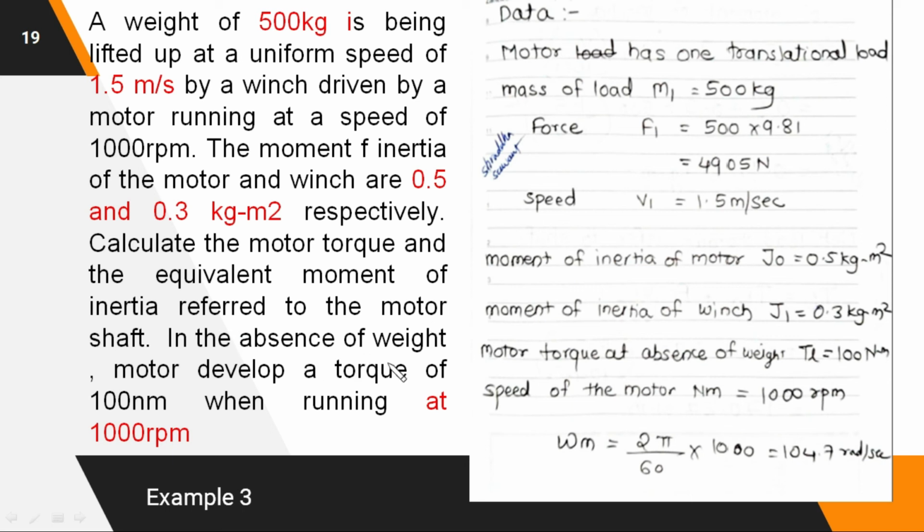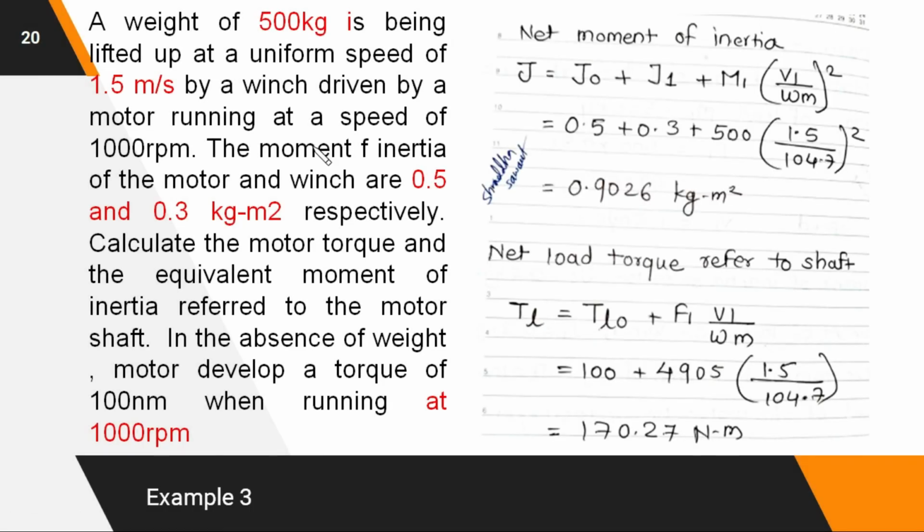In the absence of weight, the motor develops a torque of 100 Newton meter. This is one condition given. That is, when the 500 kg weight M1 is absent, at that time the motor develops its own torque of 100 Newton meter when running at a speed of 1000 RPM.